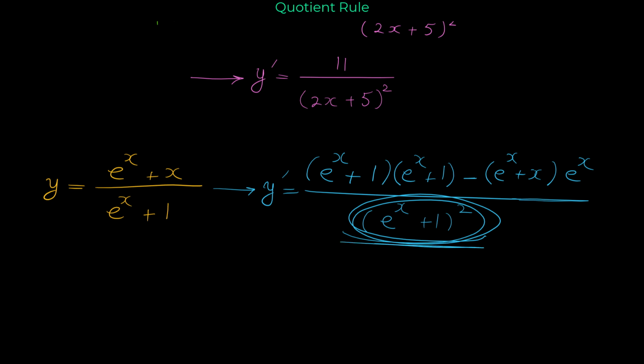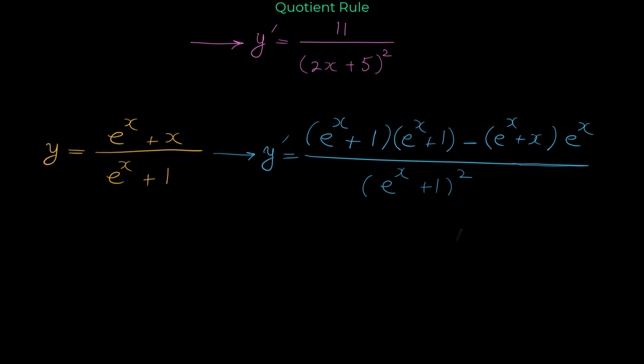Do not try to do anything with the denominator. The only thing you can maybe do to simplify this expression a bit is to multiply this bracket by this bracket and multiply this e to the x in this bracket, and then probably you can find some terms to cancel from the numerator, but it would not be so significant, and so basically we cannot simplify this answer so much. So I prefer to leave it like that.